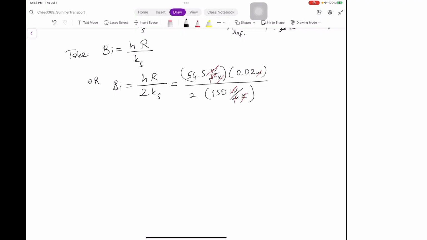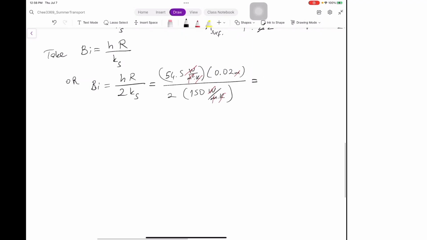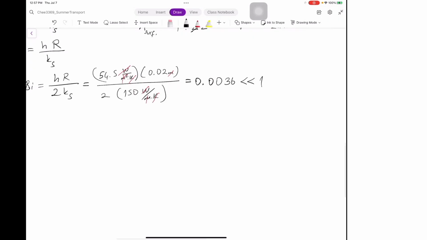It's a unitless number as promised. So let's calculate 54.5 times 0.02 divided by 2 divided by 150. It's something like 0.0036. If I had not used this 2, it would be 0.0072. It would not change my conclusion that this is much less than 1, because practically when it's less than 0.1, you can assume that it's much less than 1.